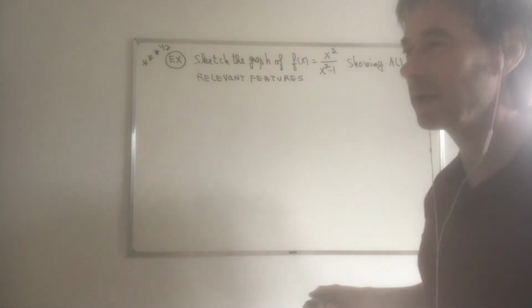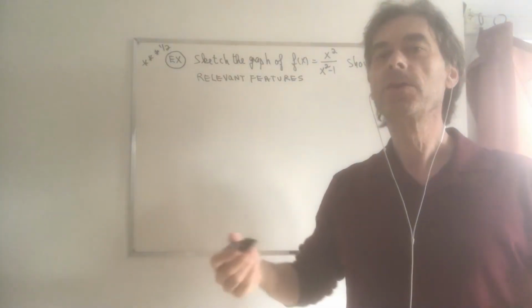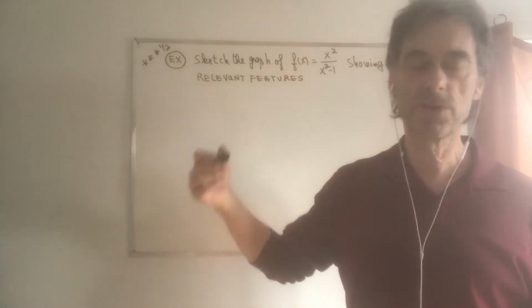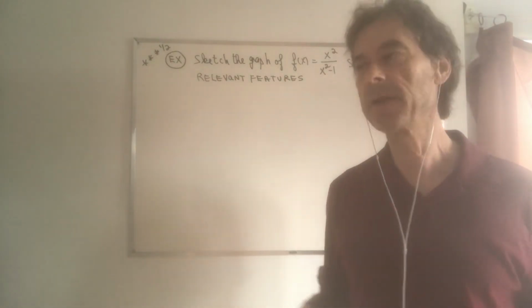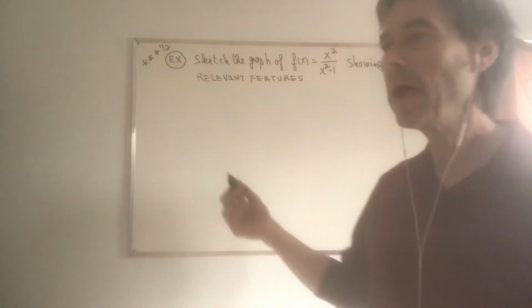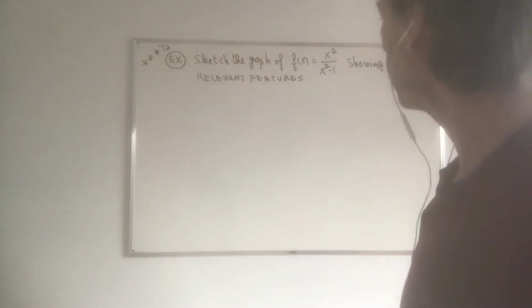This is a kind of a lazy way to say show everything. Show the asymptotes, show the critical numbers, show the derivative, the min, the max, everything, the whole nine yards, the whole shebang, and then sketch the graph. Okay, so showing all relevant features.